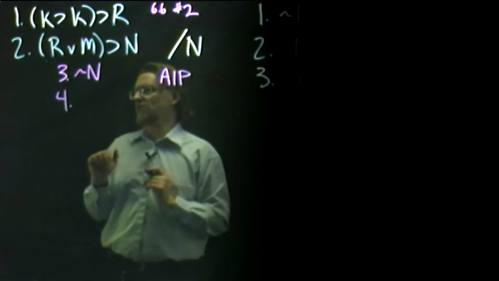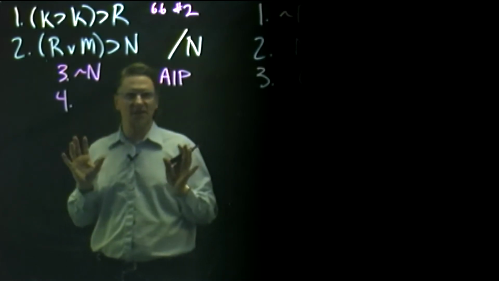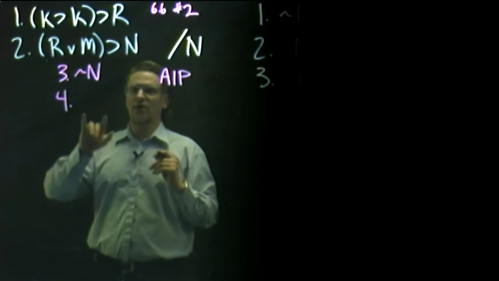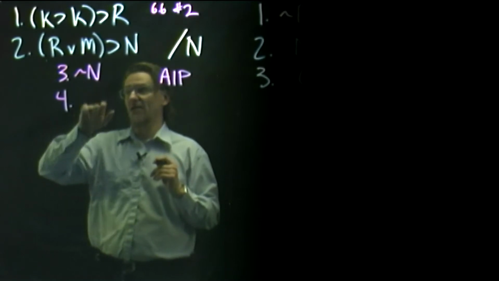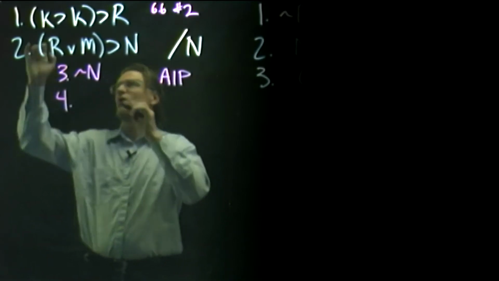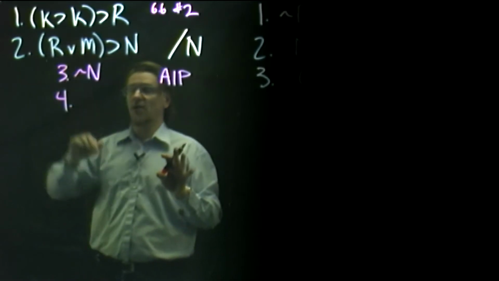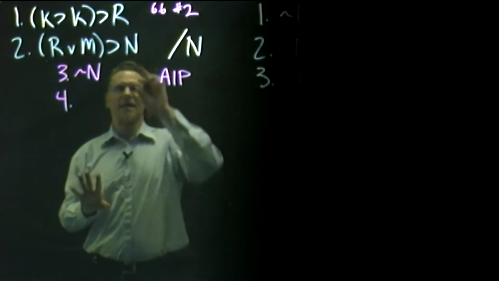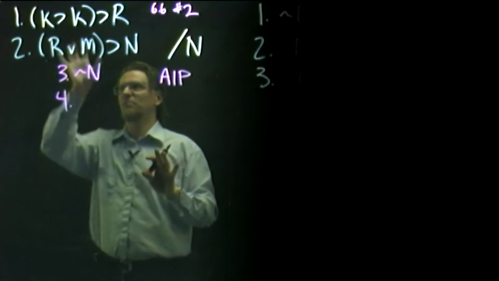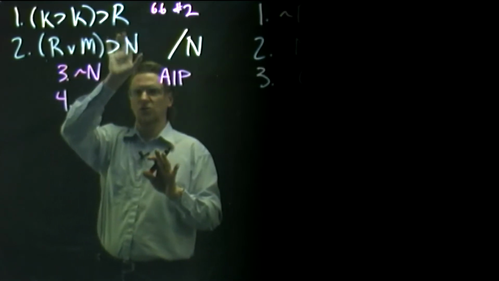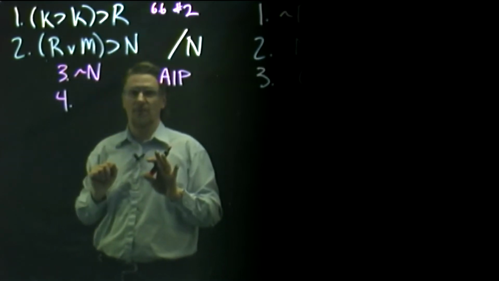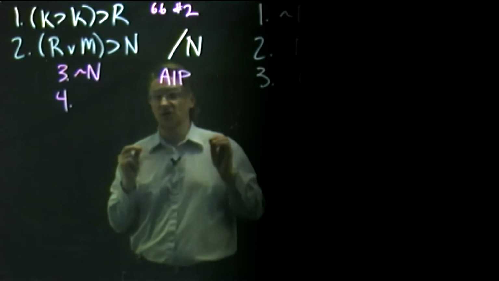Once we assume tilde n, just like in conditional proof, I try and use my assumption right away if I can, right? So in other words, I'm looking to use my assumption with any of the premises I have here. And of course, we have here in premise 2, an n. And so what we're looking at here is P, horseshoe, Q, and tilde Q. And I'm hoping that sounds like modus tollens.